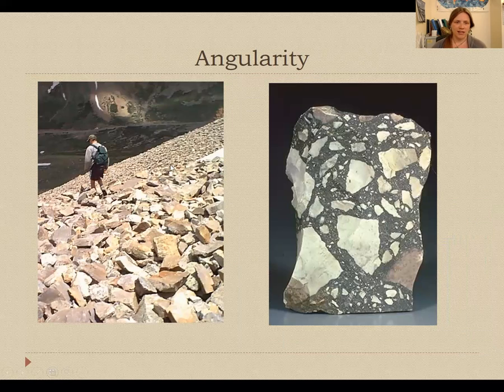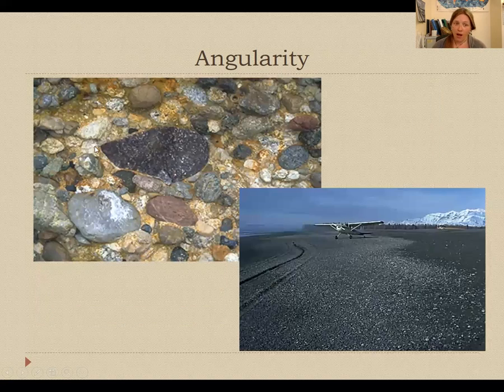So for instance, here is what we would call a talus slope or a scree field. These are rocks that are breaking off from a steep mountain usually, and then they're piling up. They haven't really tumbled very far. They haven't been smoothed. And when these rocks get cemented together, we call this breccia, as opposed to conglomerate, which is a rock of more smooth, rounded river pebbles and cobbles that get cemented together.